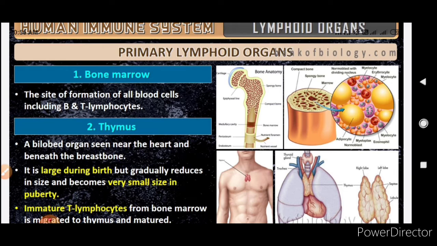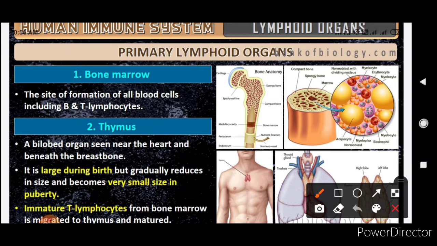Immature T lymphocytes from the bone marrow migrate to the thymus and mature. So here the formation of blood cells and T lymphocytes occurs.